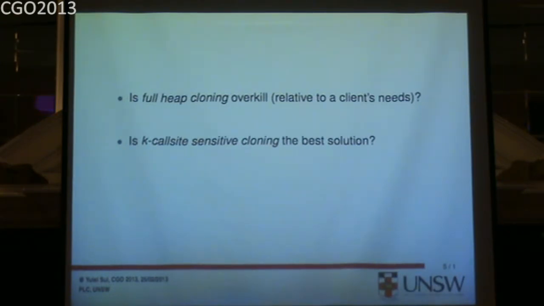In order to answer these two questions, we need a client. Of course, compiler optimization is the best client for us to use, because modern compilers have many optimization and transformation phases. Most of these phases need alias information in terms of alias queries.